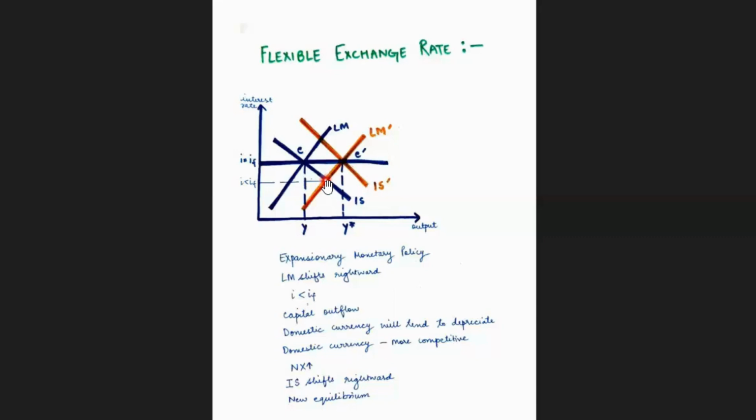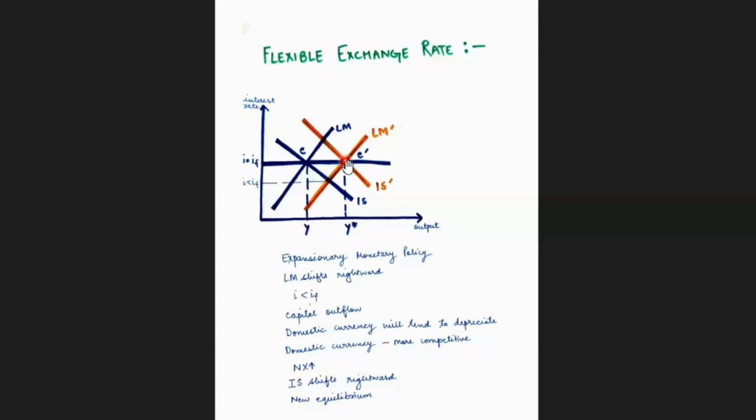So now the IS curve will shift from the blue line to the orange line. As a result, we will reach this point. At this point, the interest rate is the same as it was before; that is, there is no change in the interest rate.